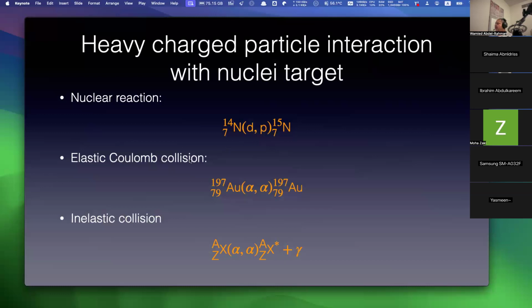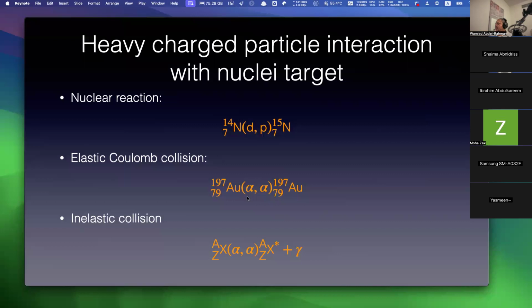Elastic scattering, we looked into this when we talked about Rutherford scattering, where in that experiment he had a gold nucleus and a source of alpha particles, and the outcome of that interaction was again alpha particles, and the gold nucleus or the gold foil was still there.